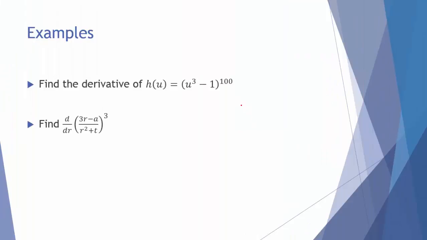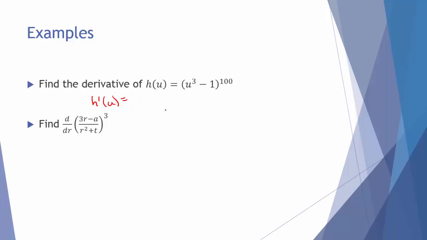Let's take a look at this one. If we wanted to find the derivative of h of u equals u cubed minus 1 raised to the 100 power. Now that we have chain rule, that's not actually too bad. The derivative of h at u, the outside function is the power of 100, and the inside function is u cubed minus 1.